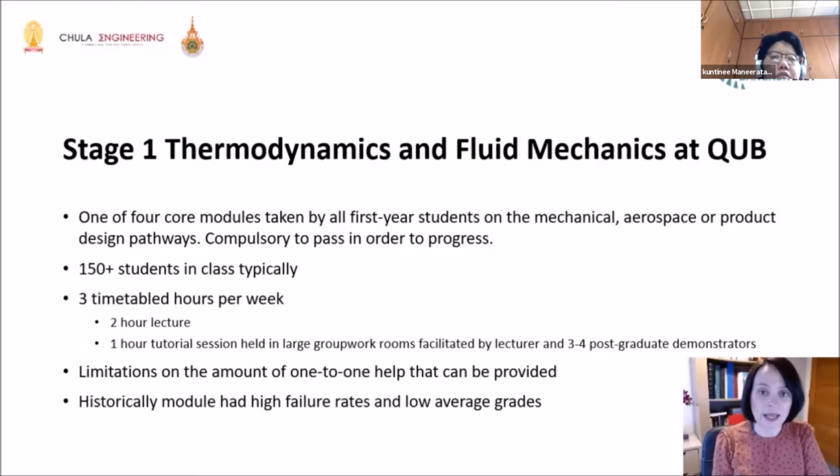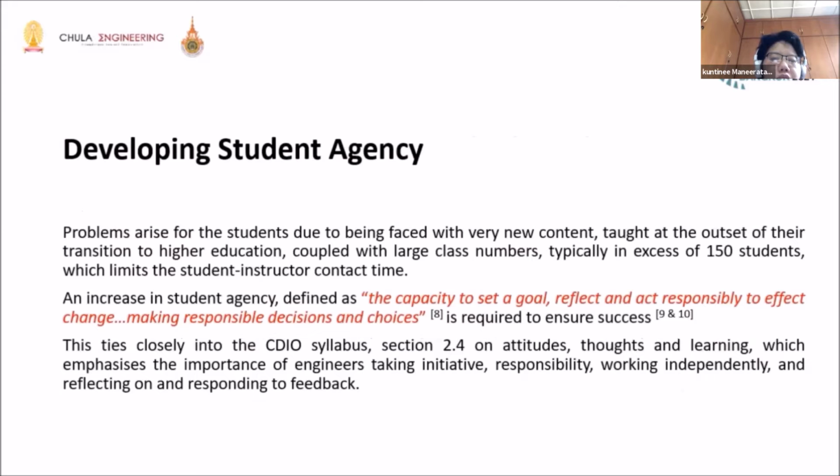Historically, this module has had high failure rates and low average grades. Understandably, problems arise for students when they're faced with this very new content, taught at the very beginning of their transition to higher education, in a large class where they have limited student-instructor contact time.